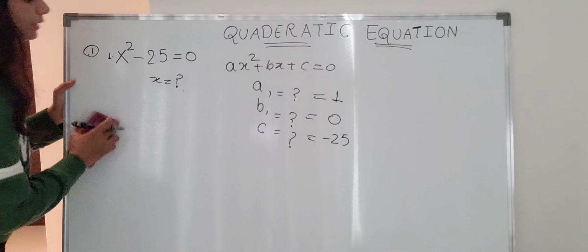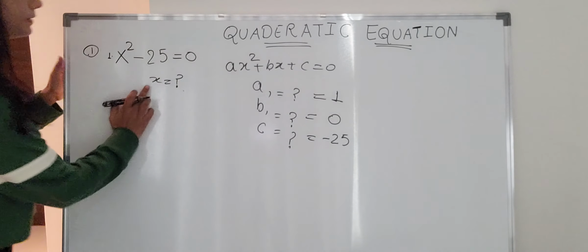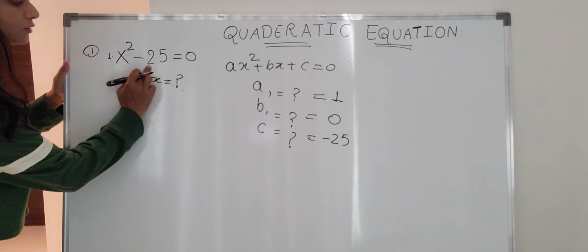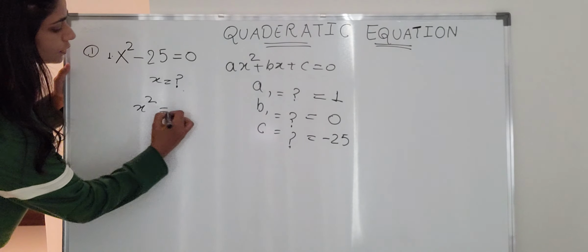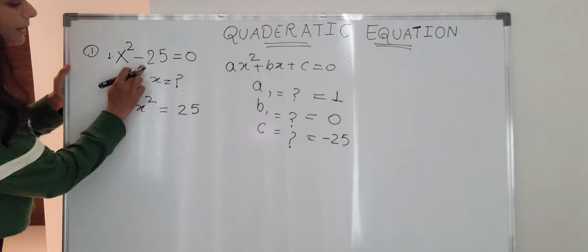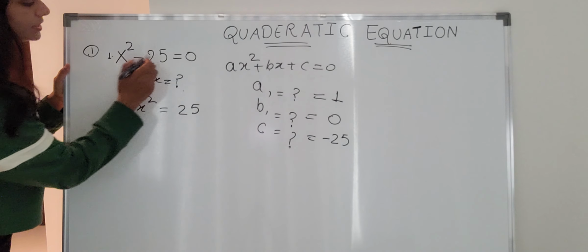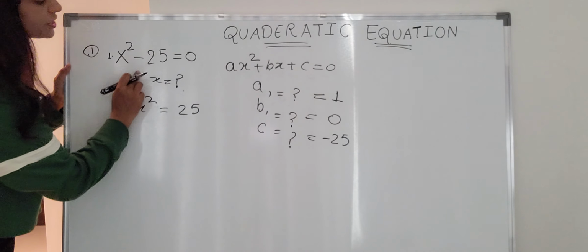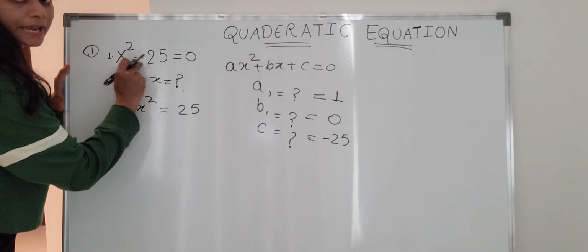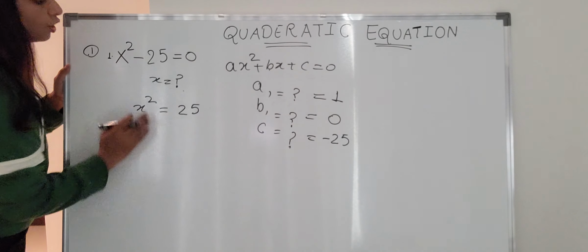Now come to the point. We need to find out the variable x value. So how will we find it out? x square minus 25 equals 0. We will write it as x square equals 25. This minus 25 on the left hand side, we will shift to the right hand side. And when we shift it, the negative sign will convert into a positive sign.